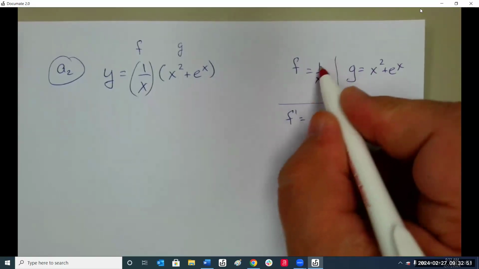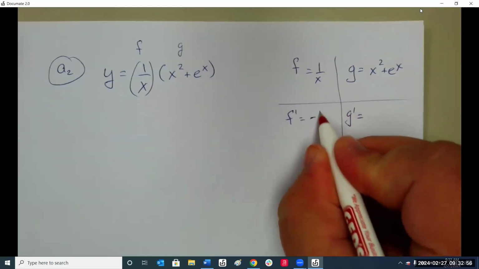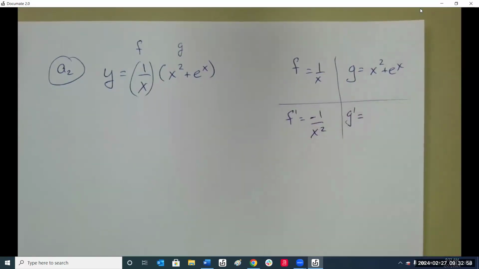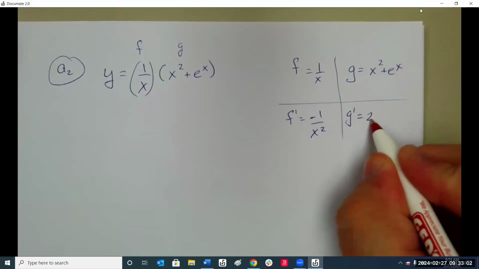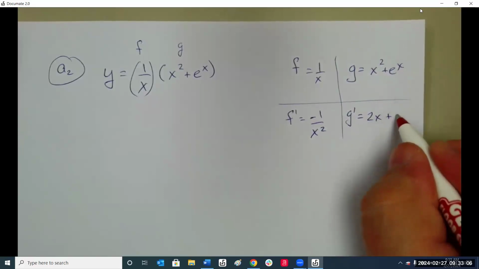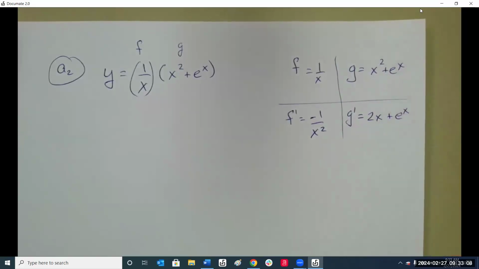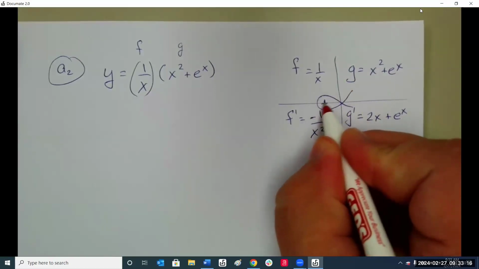Again, we know what the derivative of 1 over x is, hopefully by now. Negative 1 over x squared. Derivative of x squared is 2x. The derivative of e to the x is e to the x. Since it's the product, we add.